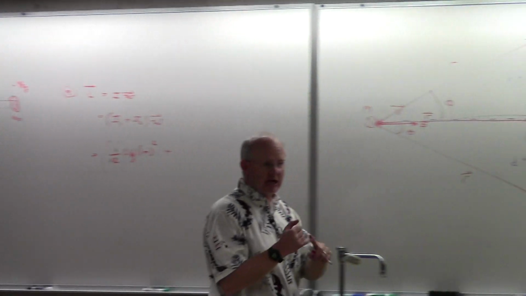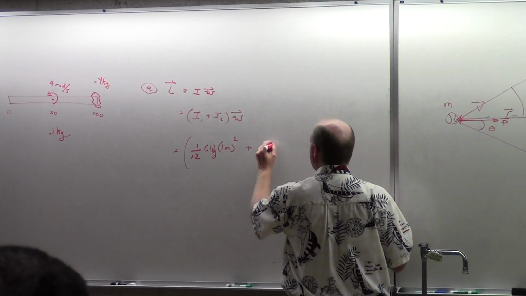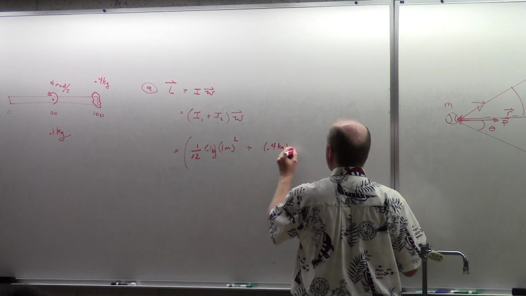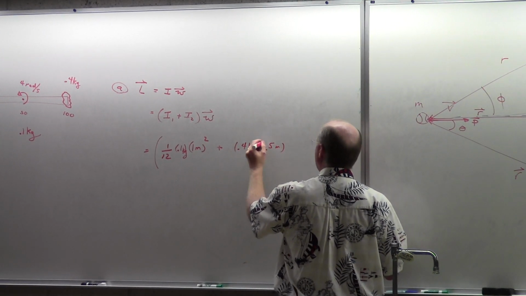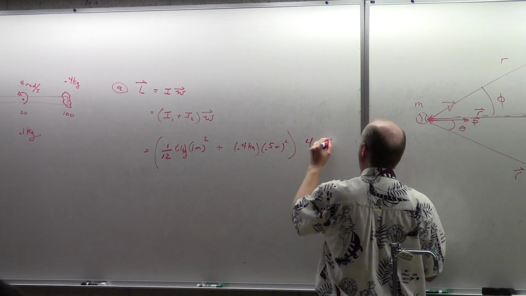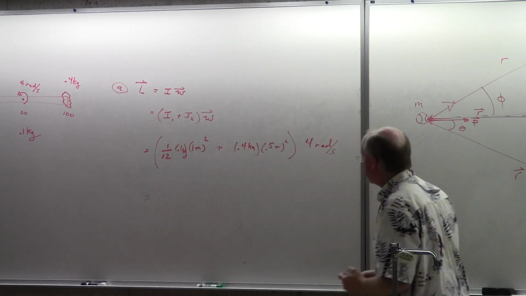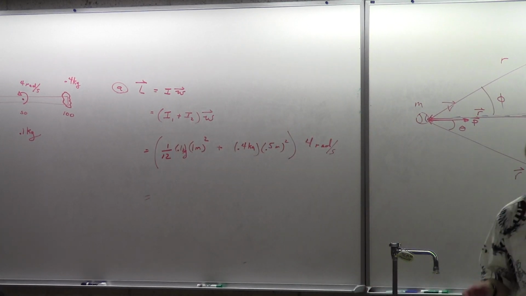It's just what mass do you have? How far away is it? So how much mass do we have? Yeah, 0.4 kilograms. How far away is it? 0.5. Yeah, half a meter.